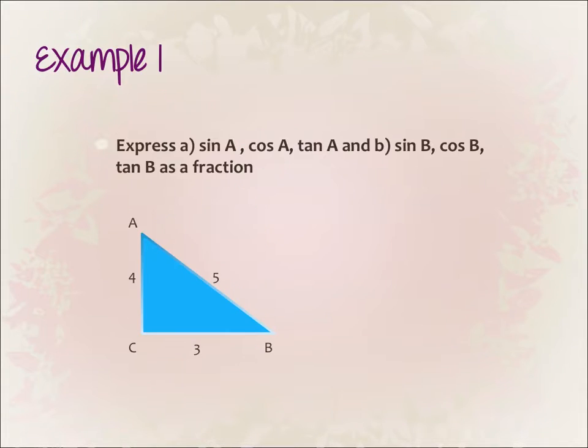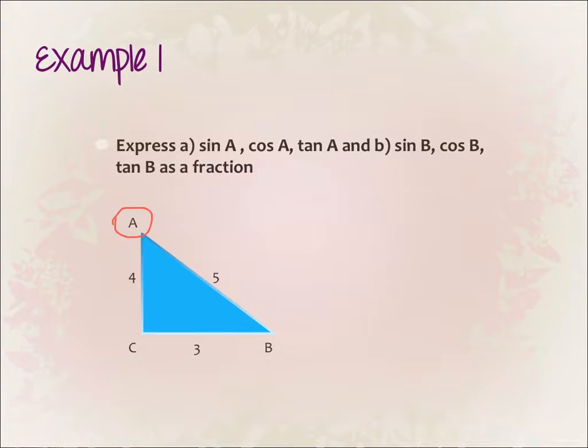All right, so the next slide has an example on it, and it just wants us to express each one of these as a fraction. We're not going to divide it like we did in last night's homework. They want us to leave it as a fraction. So for the sine of A, let's go ahead and label the sides based on each angle. So first thing I'm going to do is find where angle A is. The next thing I'm going to do is label my hypotenuse.